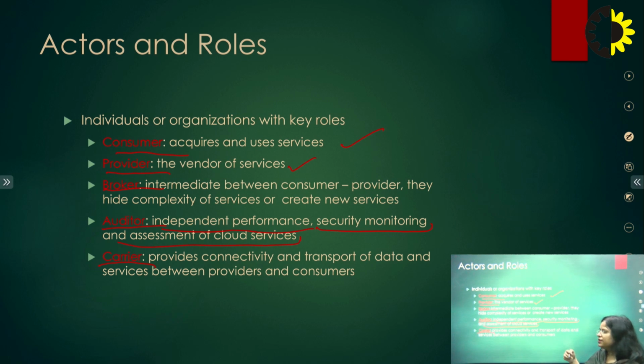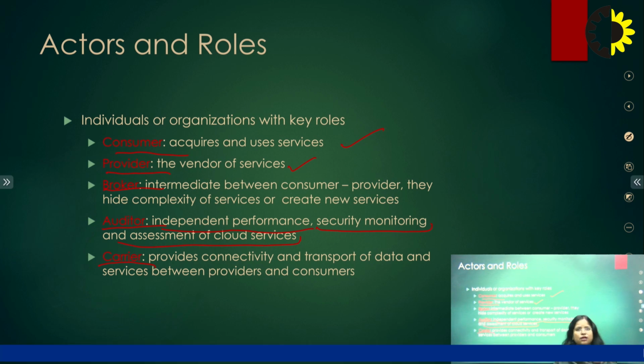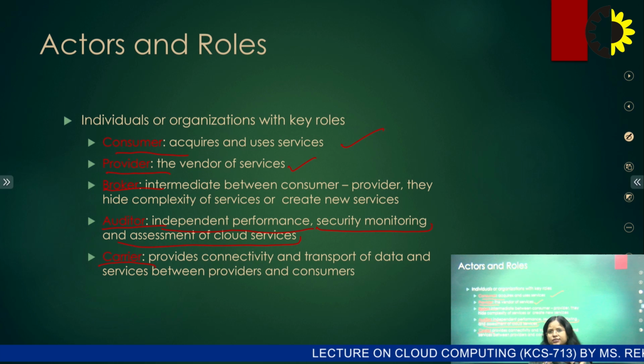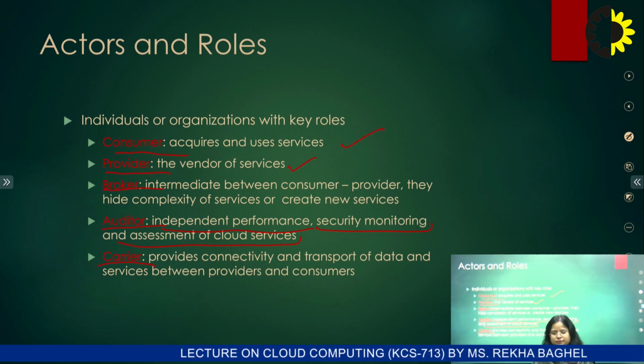So these are the 5 main components which can be used as the main components of the cloud computing reference architecture. These 5 actors have specific roles and responsibilities for performing specific tasks.